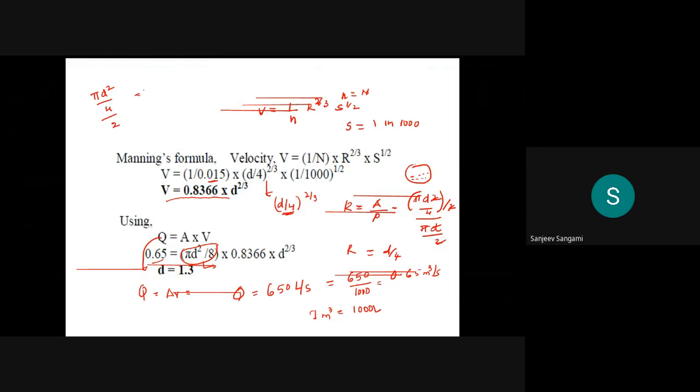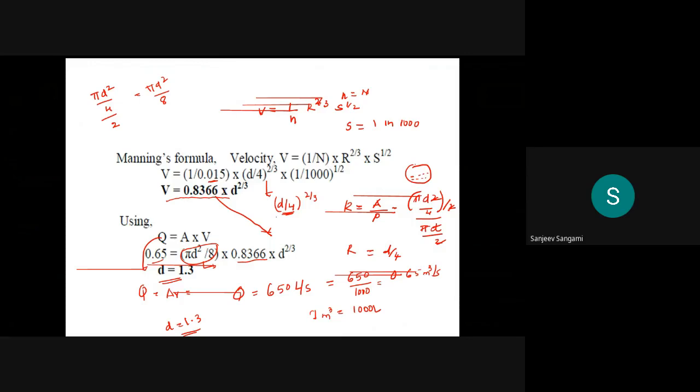So it will be pi d square by 8. Then velocity, of course, we got from here. If you simplify it, you will get d is equal to 1.3.